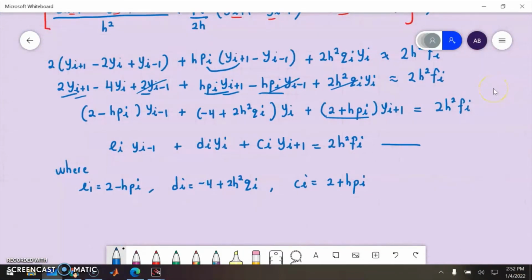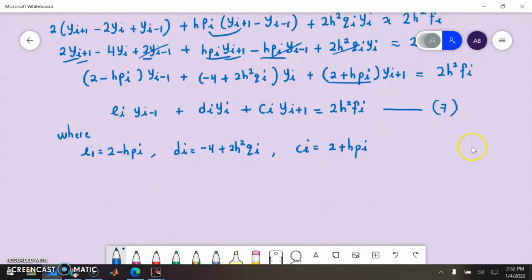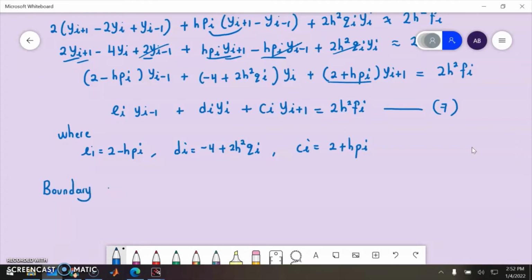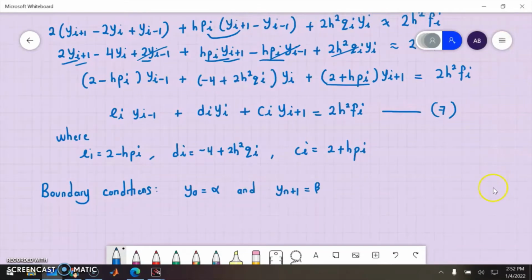Now equation 7 I can solve by using the boundary conditions, given as y_0 is alpha and y_{n+1} is beta. Look at the original equation.